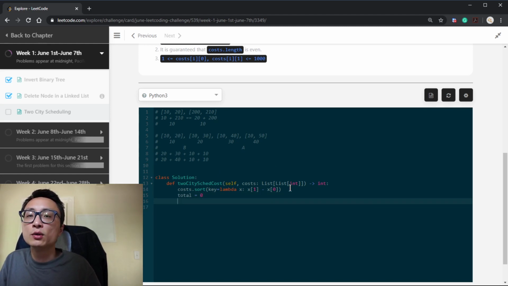Total is 0 in the beginning, and we're just going to enumerate over the sorted costs. For the first half, we're just looking at the price for B and adding those up. For the second half, we add the first elements.